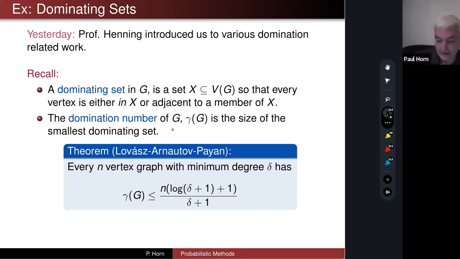It says that if I have a graph with minimum degree delta, then there's an upper bound on this domination number that looks like n times log(delta plus 1) over delta plus 1. So like n log delta over delta.